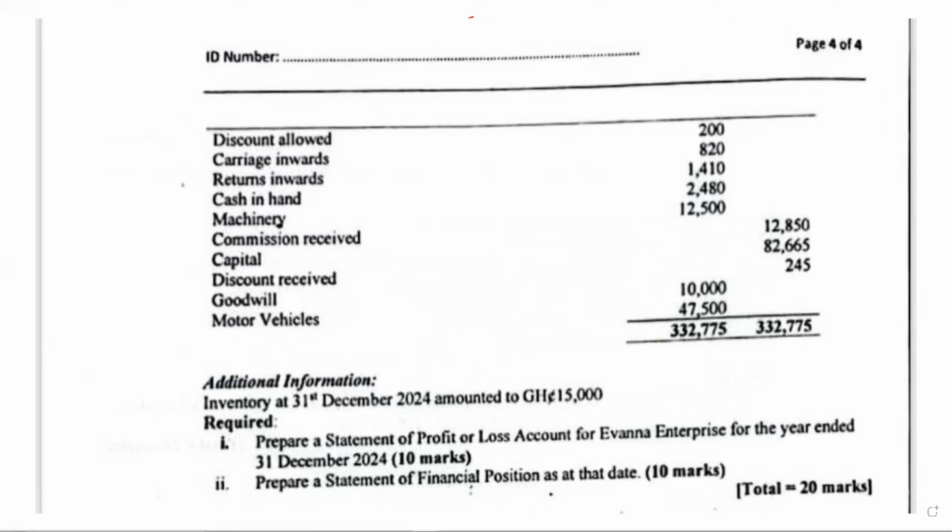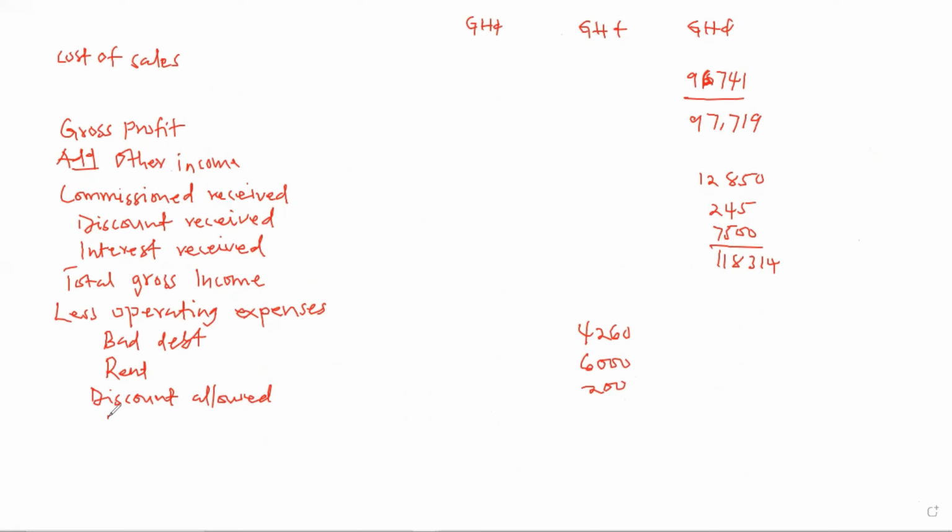You have office salaries, which is 23,760. You have postage, which is 565. We have office expenses.